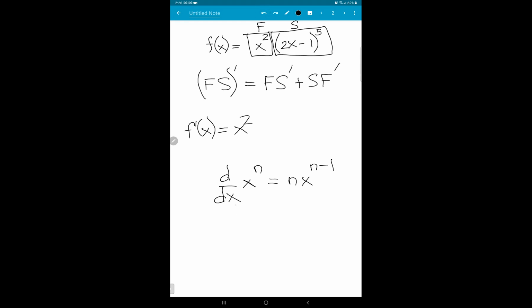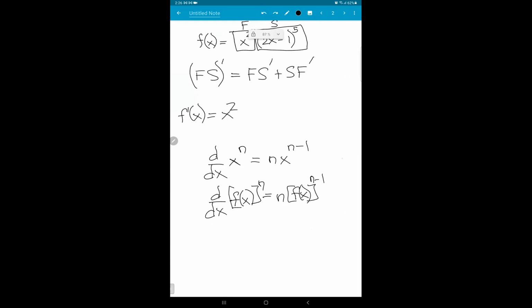The chain rule states that the derivative of a function of x raised to n can be obtained by bringing down the power, then subtracting 1 from the power, but additionally multiplying by the factor, which is the derivative of the base.